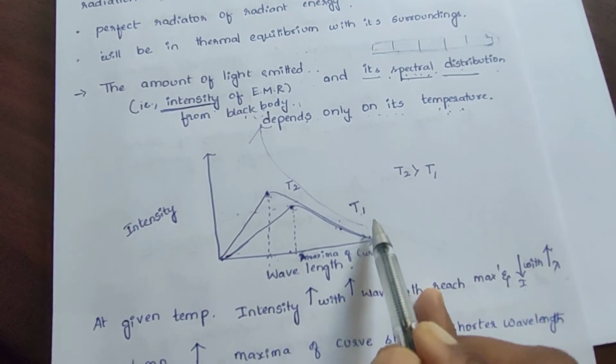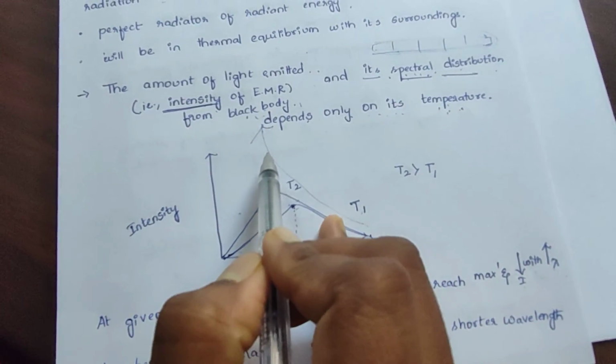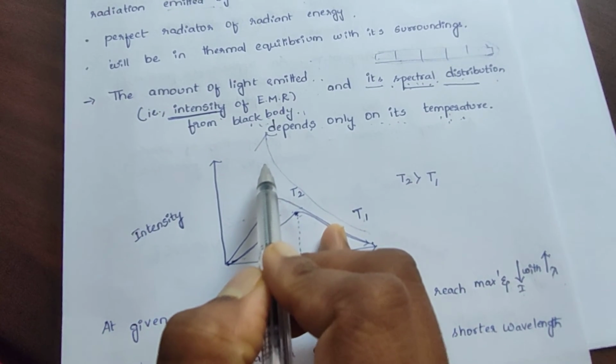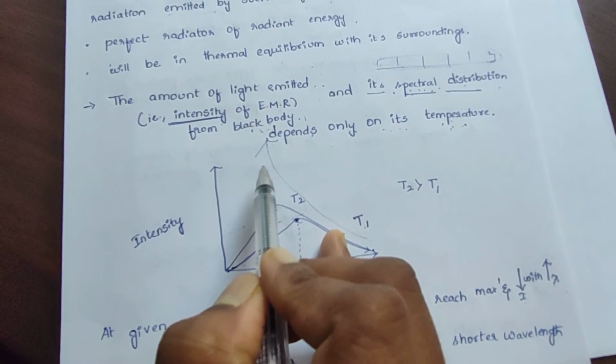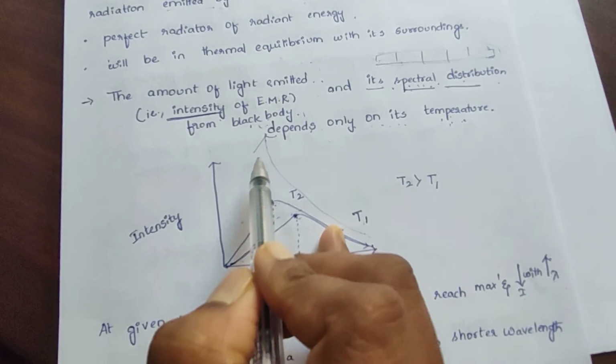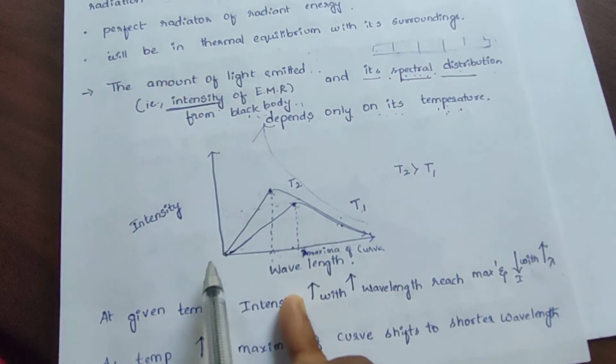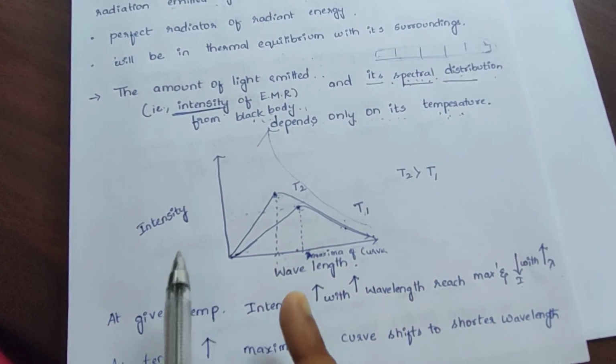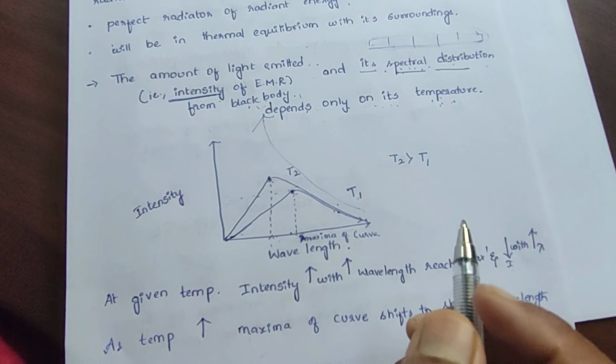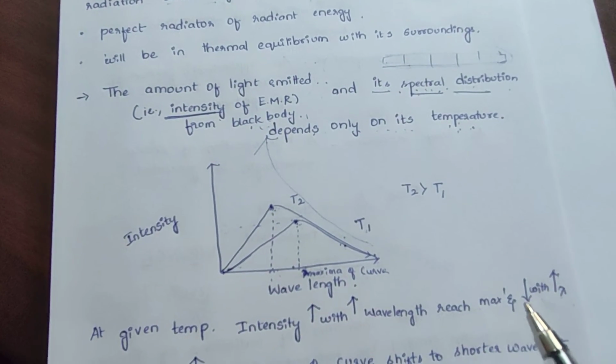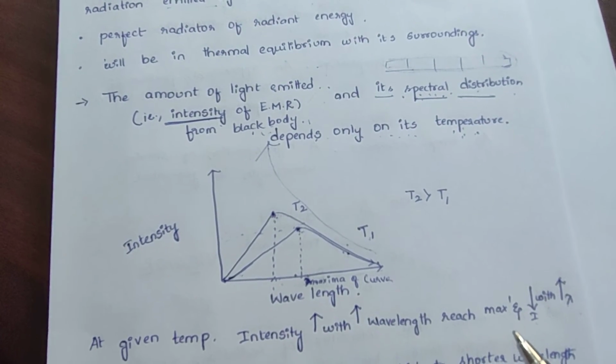As we go on increasing the temperature, the intensity will reach a higher point and then it decreases. This cannot be explained by considering the wave nature of electromagnetic radiation.